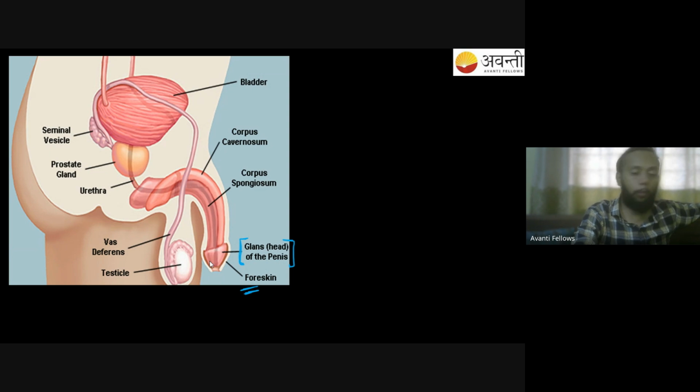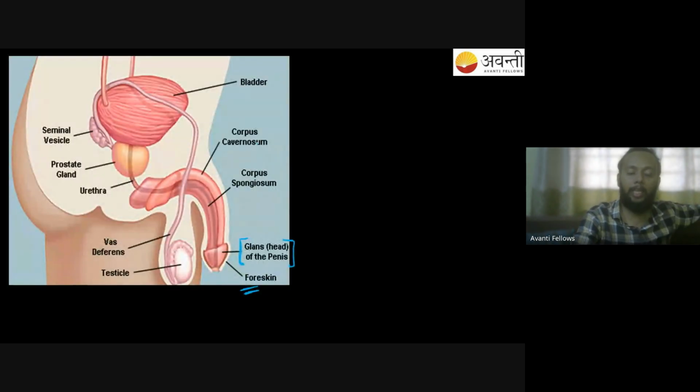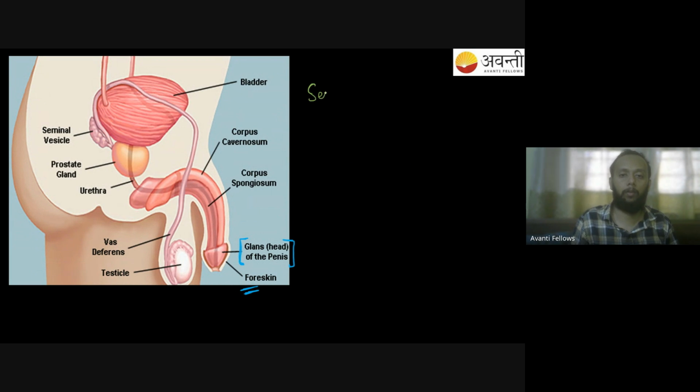Now let's solve some questions. First of all, let's have a look at some questions. Now, if the vas deferentia of a man is surgically cut. But before looking at the question, understand one thing here. There is a term known as seminal fluid. Seminal fluid basically means what?